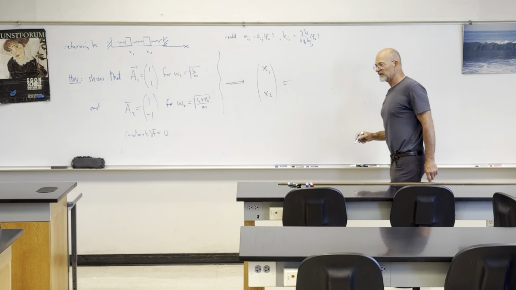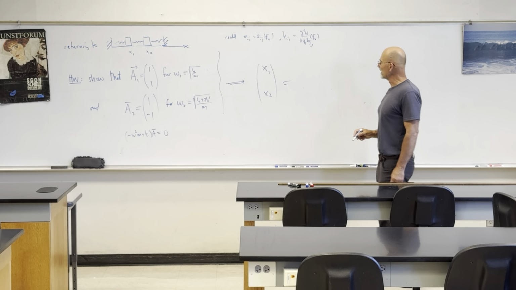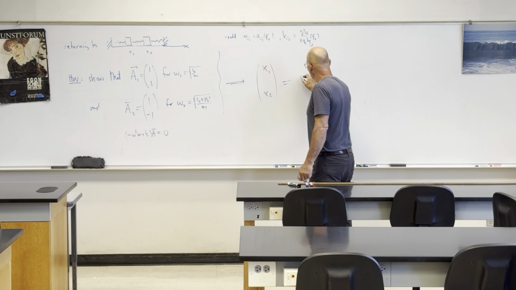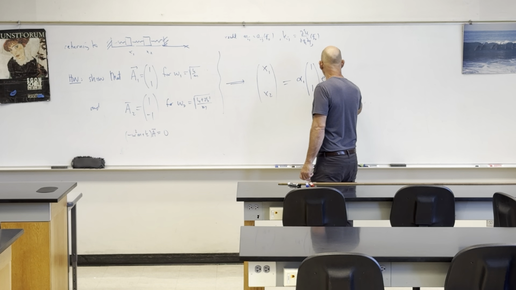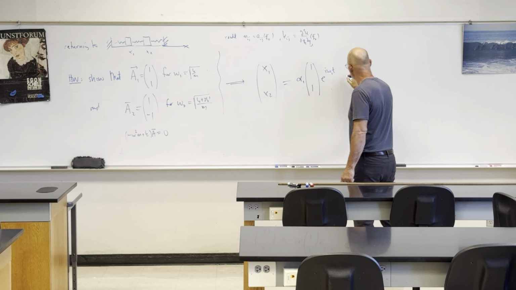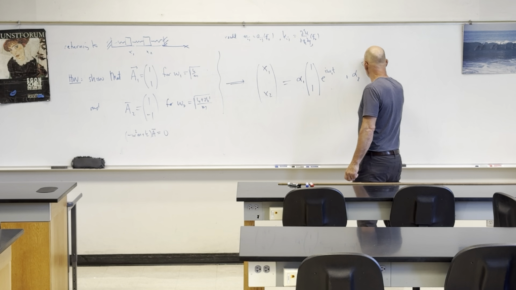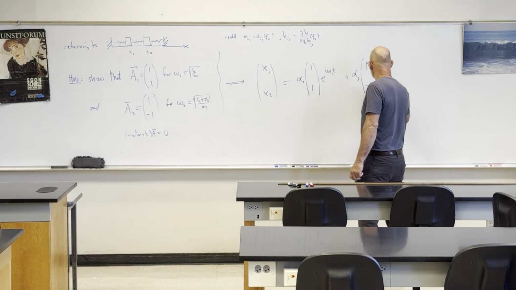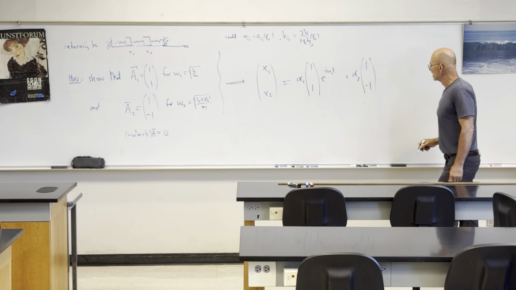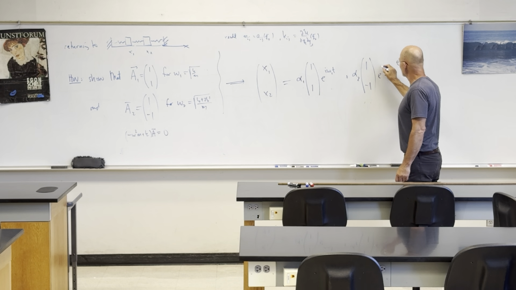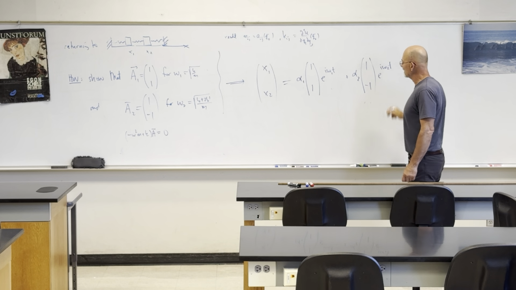Much nicer vectors, right? That's what we work with. We have alpha 1 times 1, 1, e to the I omega 1 t, plus alpha 2 times 1, minus 1, e to the I omega 2 t.